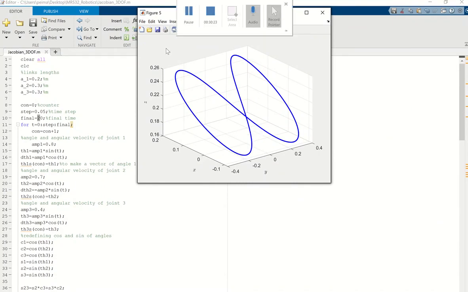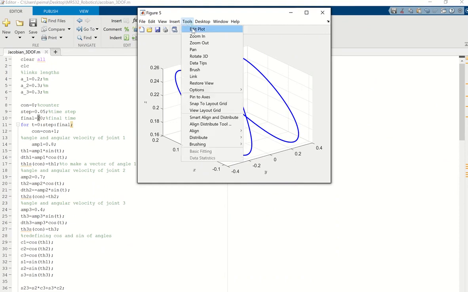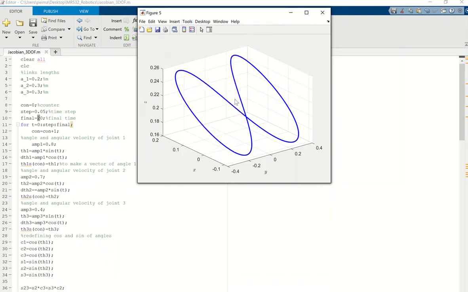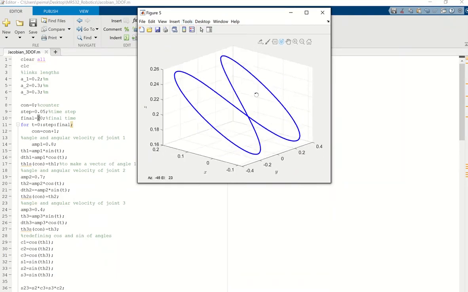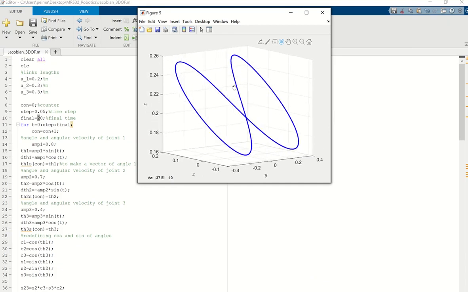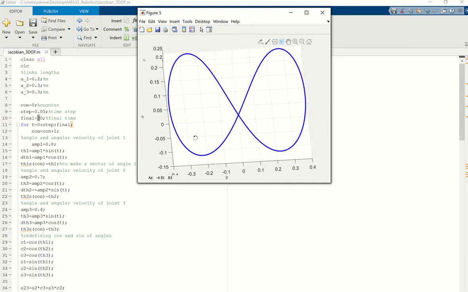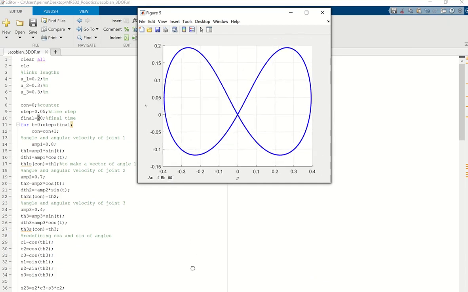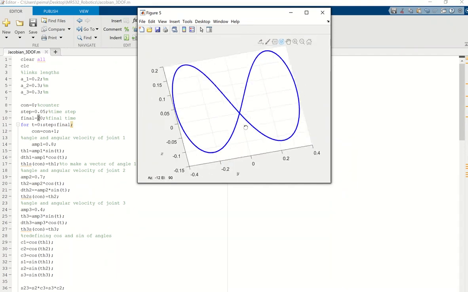Even you can say rotate 3D. Look at here guys. Here we go. See, this is 3D, right? X, Y, Z. If I look at X, Y, it's going to be like the butterfly wing, right?